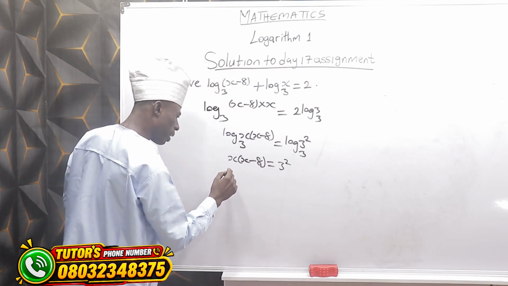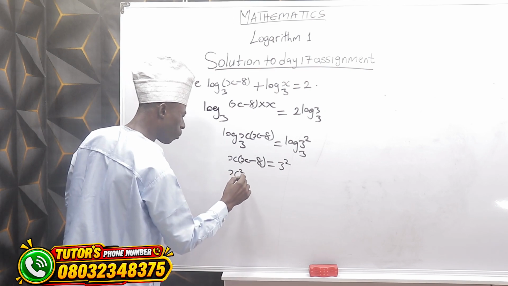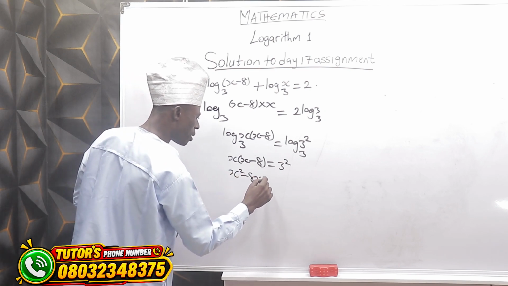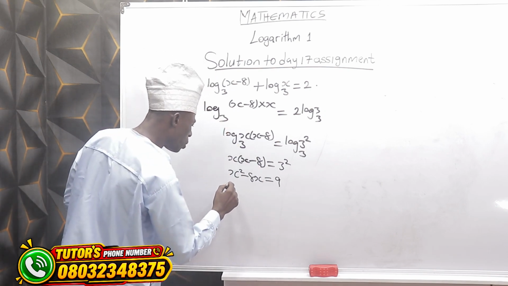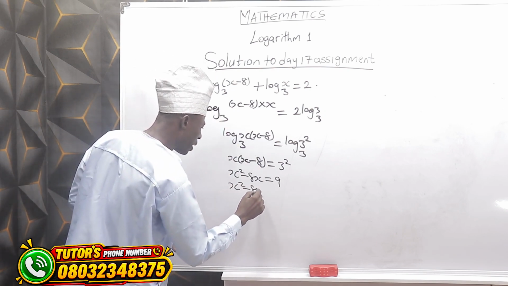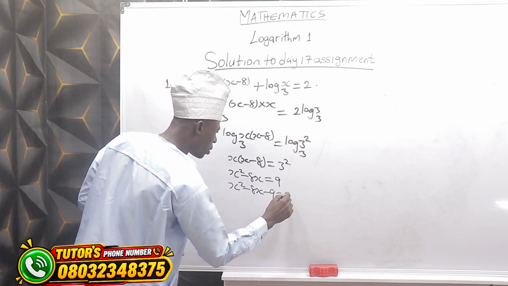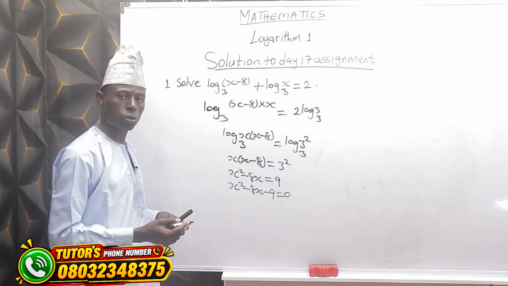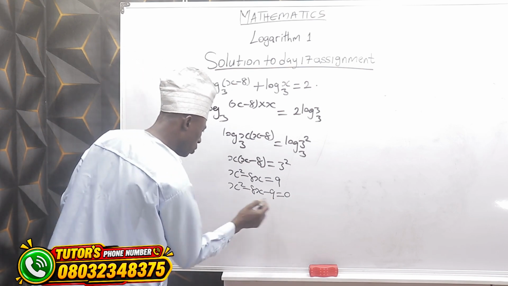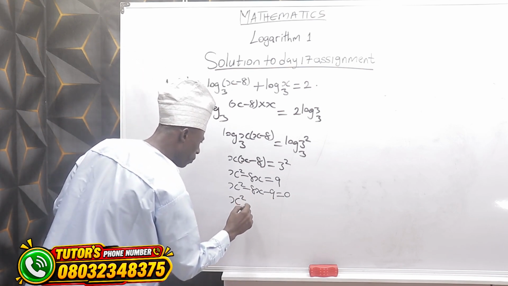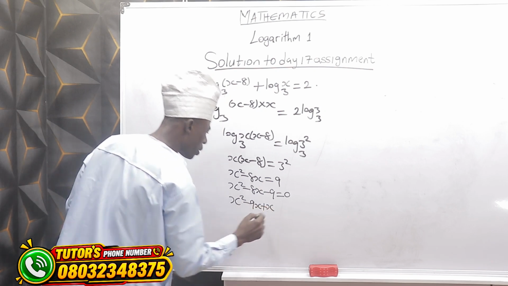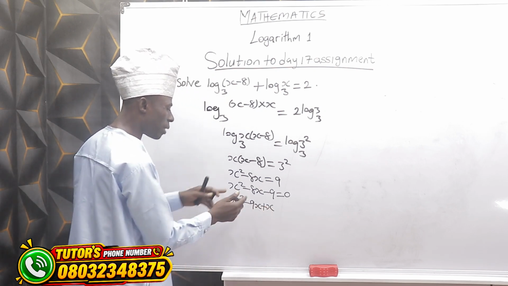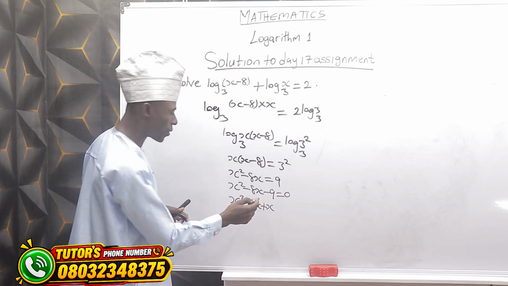So open this bracket, you have x squared minus 8x, which is equal to 9. 3 squared is 9. x squared minus 8x minus 9 equals 0. This is a quadratic equation for you to solve. So solving it, we have x squared minus 9x plus x. Minus 9x plus x gives minus 8x.